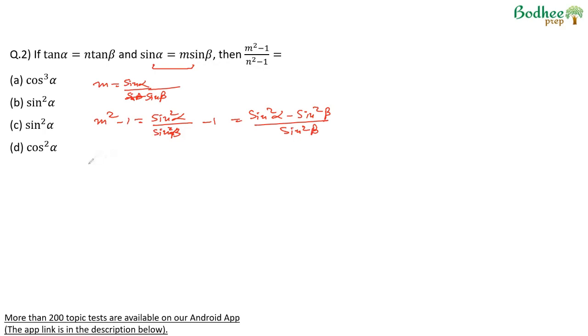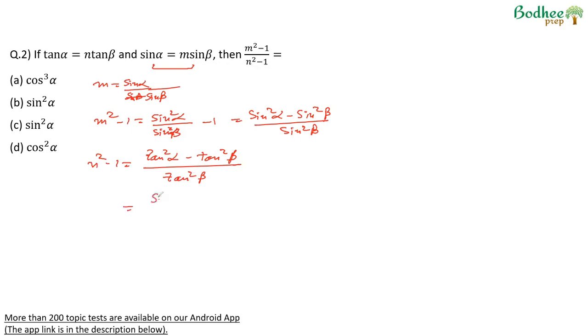Similarly, n square minus 1 will become, by a very similar logic, tan square alpha minus tan square beta upon tan square beta. Now converting tan into sin and cos, it is easier to deal with sin and cos primarily.